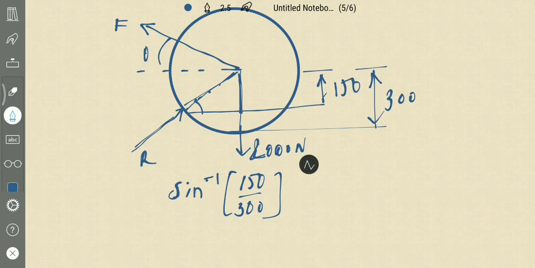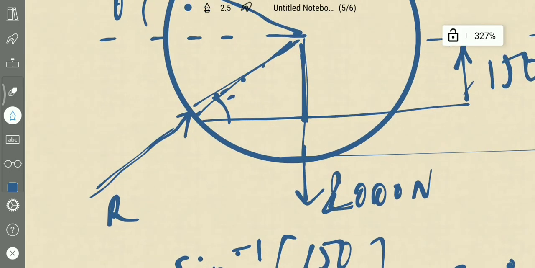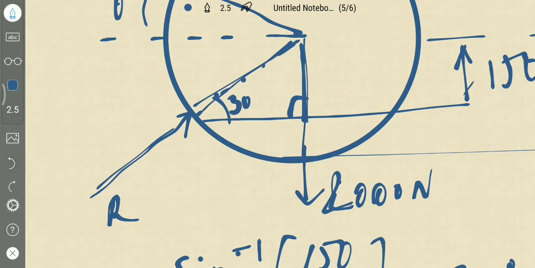Sine inverse of 1 by 2 is 30 degrees. This is 30, this is 90, and this will become 60.